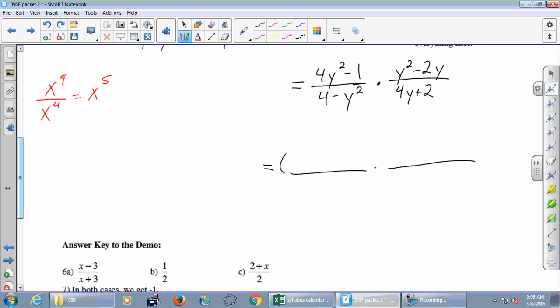So we found our winner. What 2 things are going to give me a 4y squared? 2y and 2y. What's going to give me a 1 is 1 times 1. And then the signs, plus and minus in either order, right? That's the difference of 2 squares.